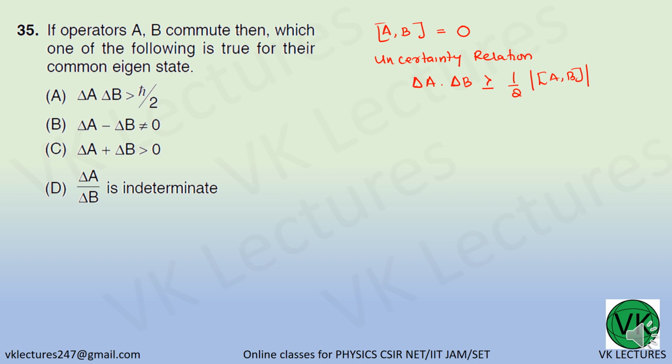Now what does that mean? If you have a common eigenstate, then the commutator A comma B will be equal to 0, which means delta A into delta B equal to 0.